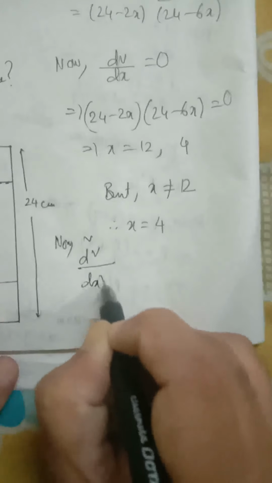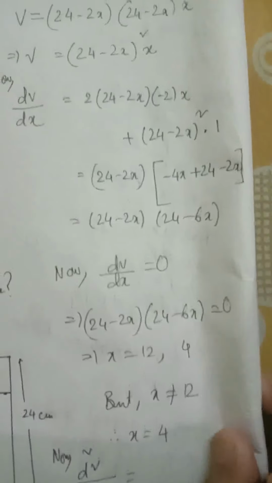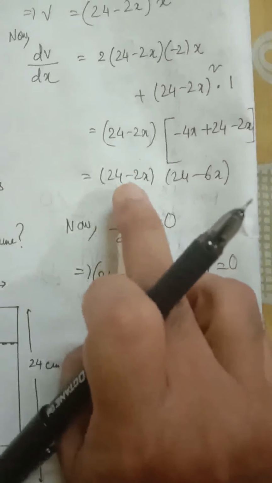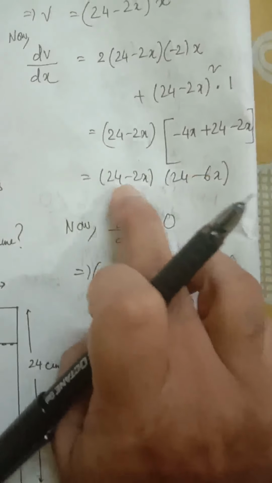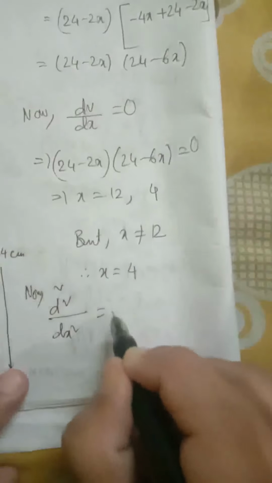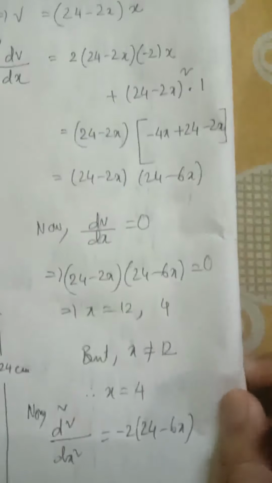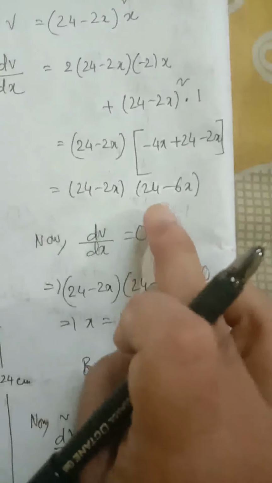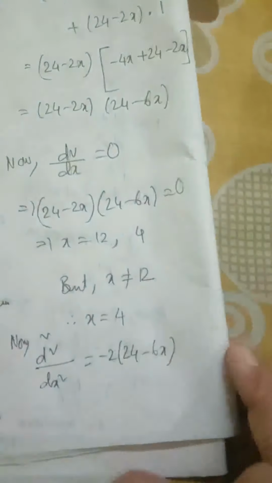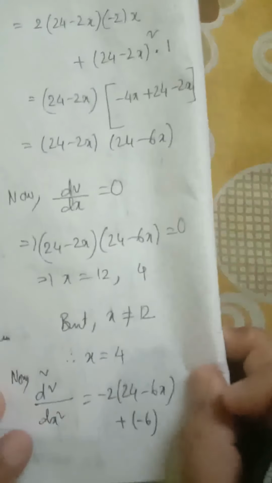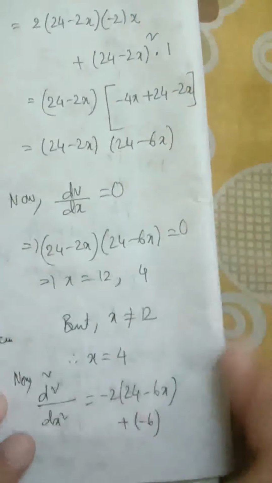How do we find d2V/dx square? This is our dV/dx. First you have to apply the product rule. The derivative of this is minus 2 into (24 minus 6x), plus the derivative of this is minus 6 into (24 minus 2x).